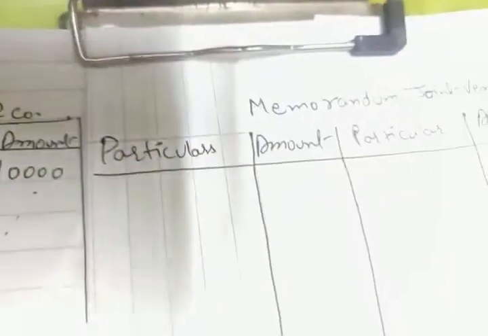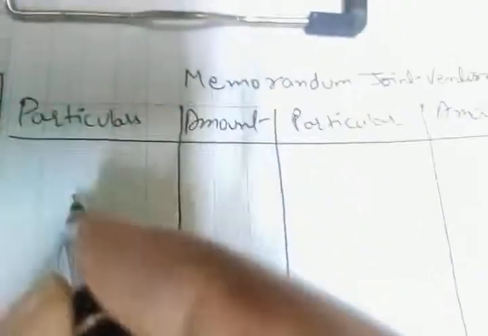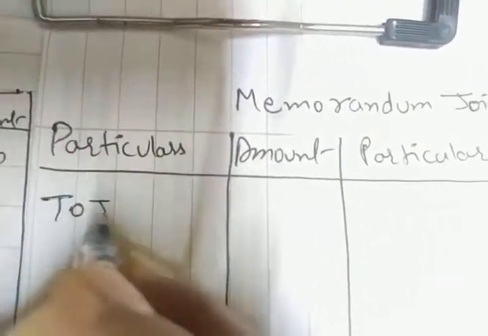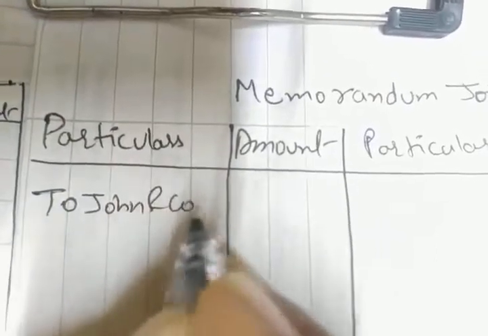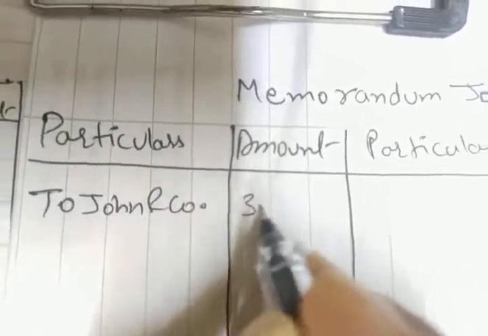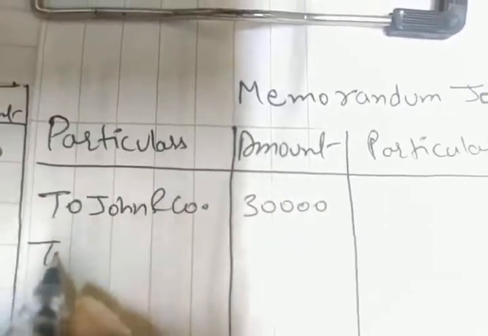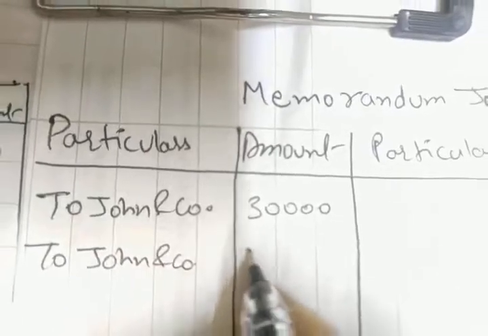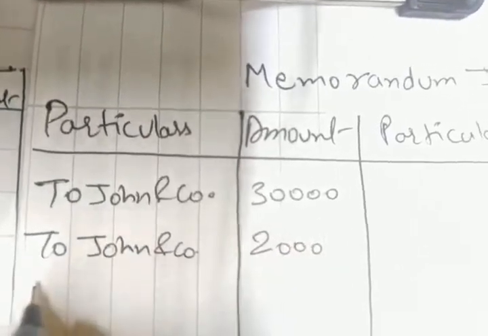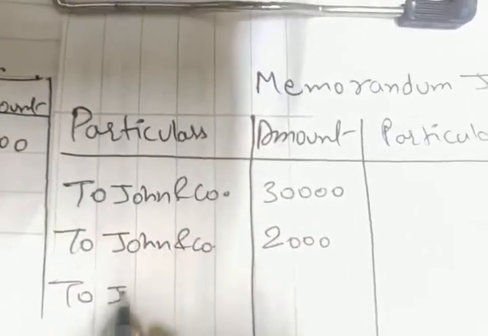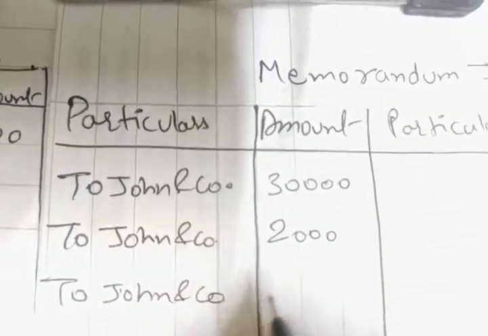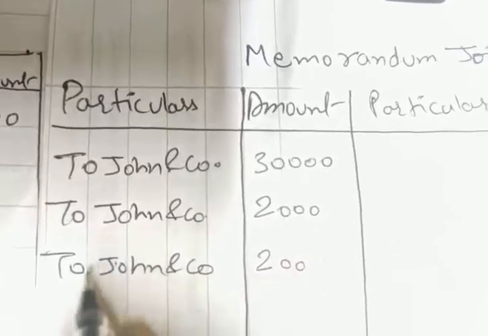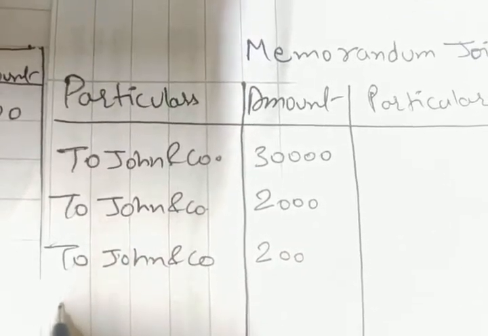So in your memorandum joint venture account, let's do the entry, copy paste. To John and Company, purchase of goods worth rupees 30,000. To John and Company, paid the expenses rupees 2,000. To John and Company, the expense in terms of discount that they have given on the bills to Amin and Company.